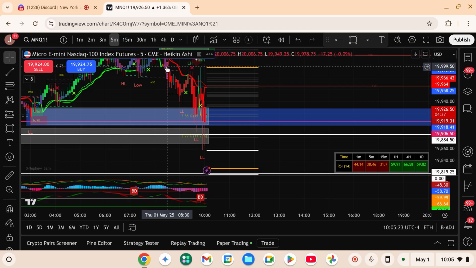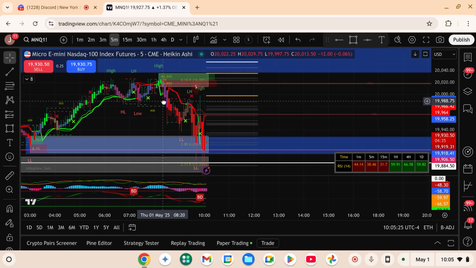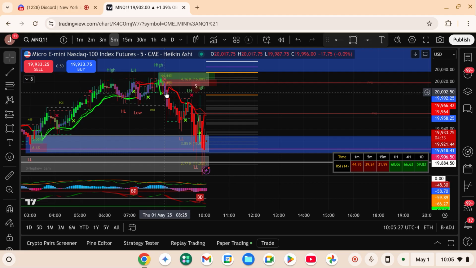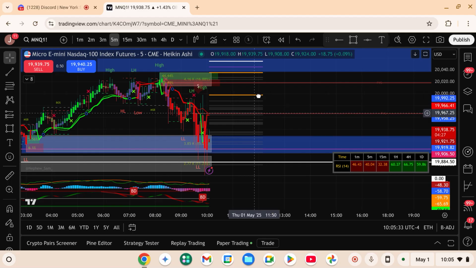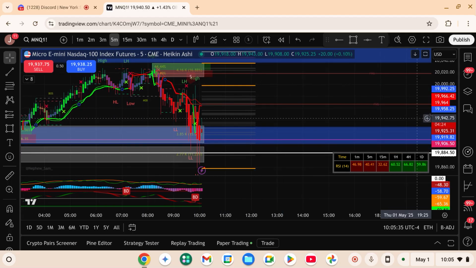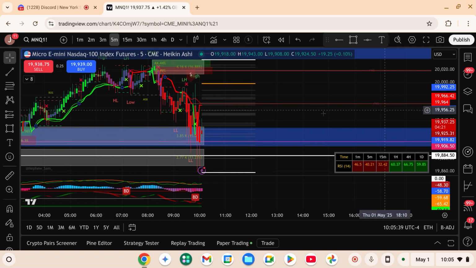So you want to wait for something like this before you take it short. Like this purple reddish one. Because if the move is weak, then it could get blown through easily.